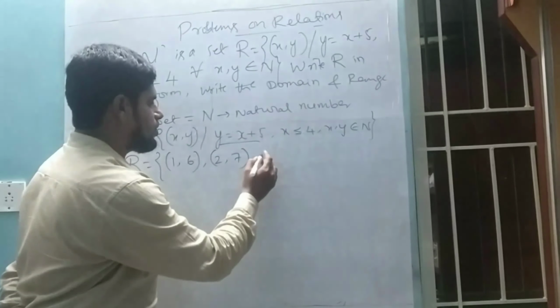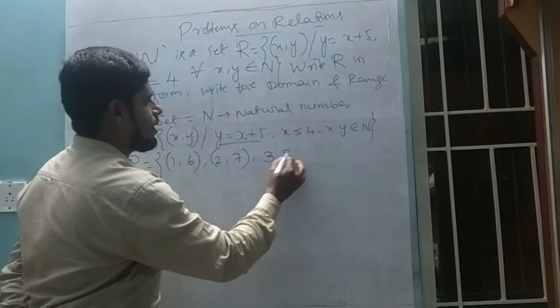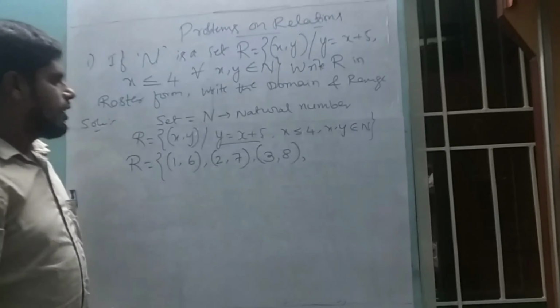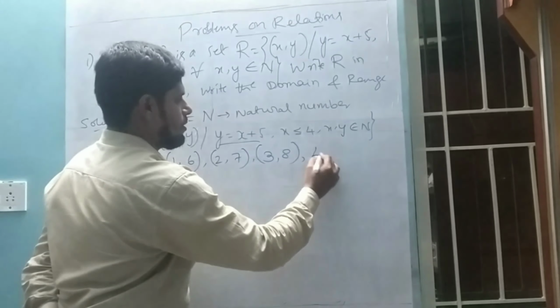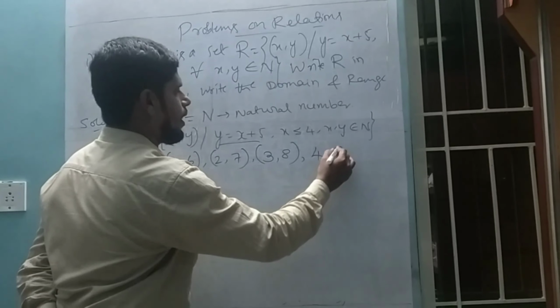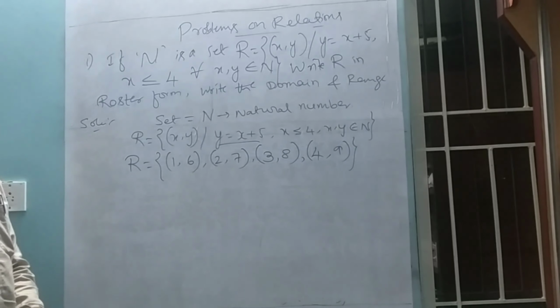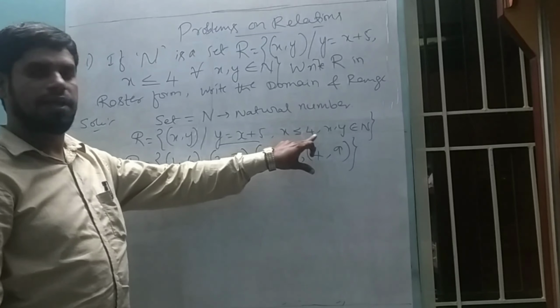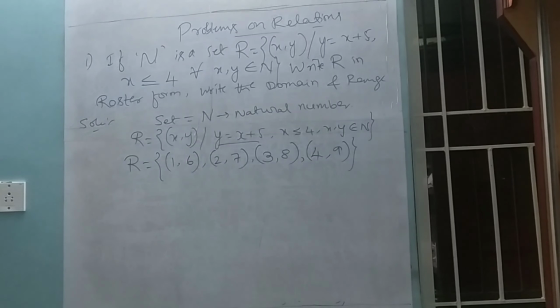Next, if I put x equal to 3, 3 plus 5 is 8. Next, if I put x equal to 4, the maximum value, y is 9. 4 plus 5 is 9. I cannot take more than 4 because the condition for x is less than or equal to 4. Okay, this is the answer for the relation.